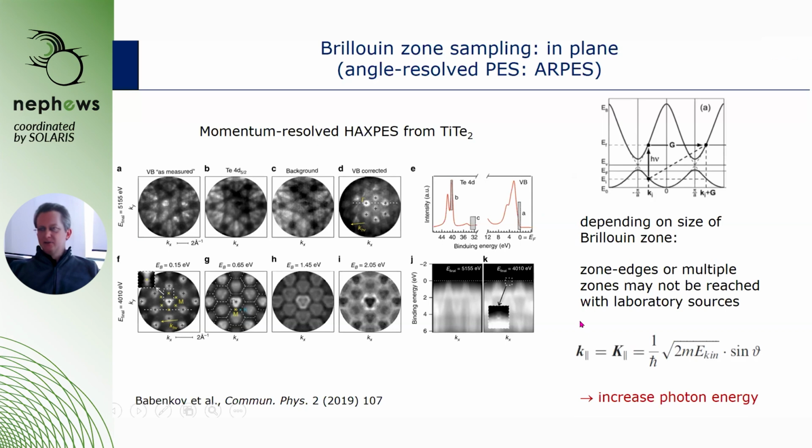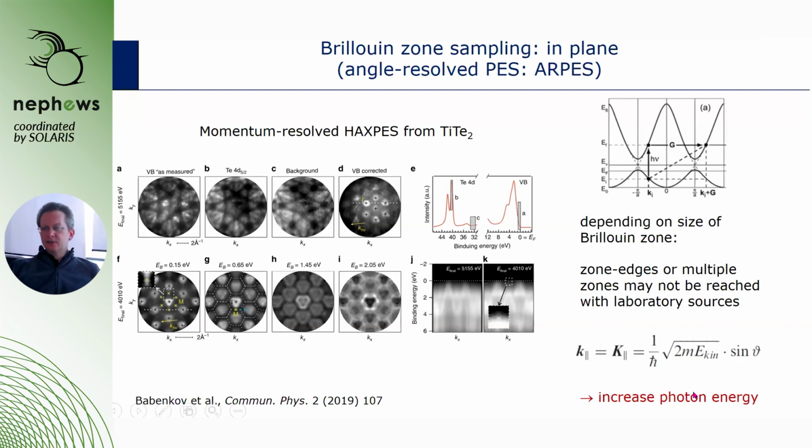And in angle-resolved photoemission, the momentum of the electrons outside is the same as the electron momentum inside, parallel to the sample surface. And this is related to the angle that you detect and the kinetic energy of your photon. So if you have to go for very large k values, you have to increase the energy to reach these large k values.